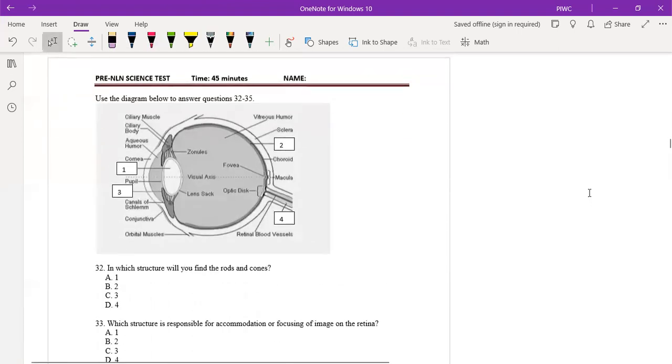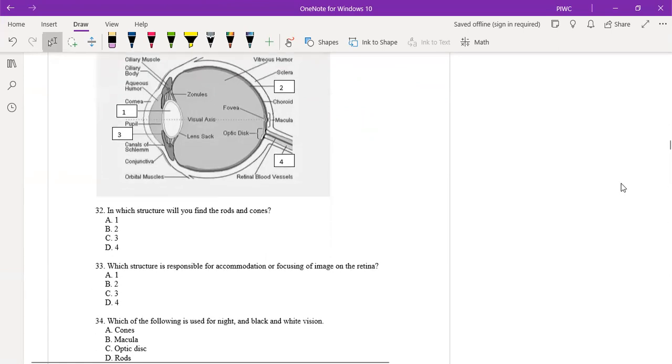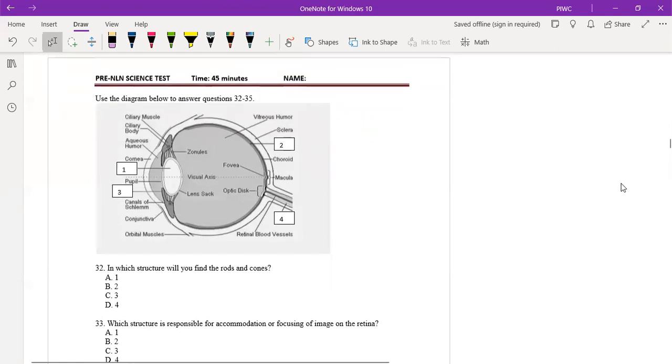Okay. Number 32, based on the famous eye. In which structure will you find the rods and cones? Structure 1, 2, 3, 4. Rods and cones are in the retina. The retina is going to be 2.